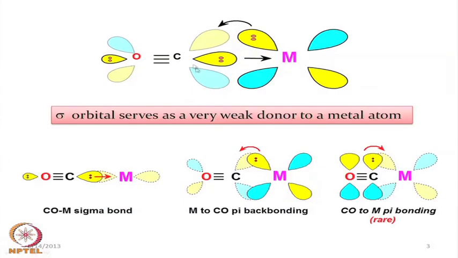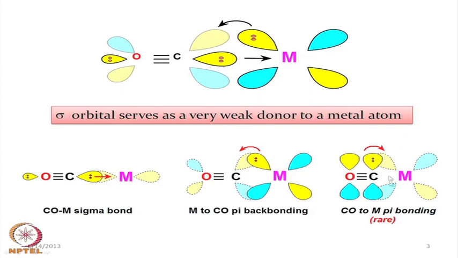So, the sigma bond is very nice to know, that is, this sigma bond is donated to the metal empty orbital. Then we have the pi back bonding, and another very weak as well as rare carbon monoxide to metal pi bonding we can have, because the carbon monoxide molecule can have some filled pi orbitals, and if empty orbitals on the metal ion are available for this donation, that is the corresponding field level.